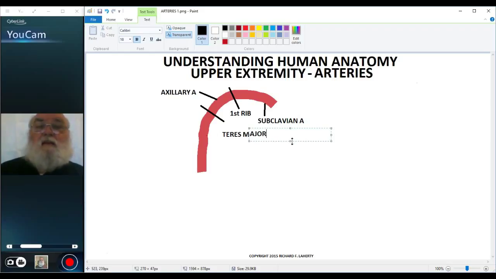So this would indicate the inferior border of teres major.